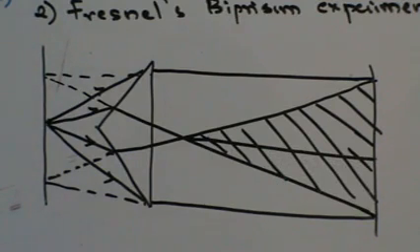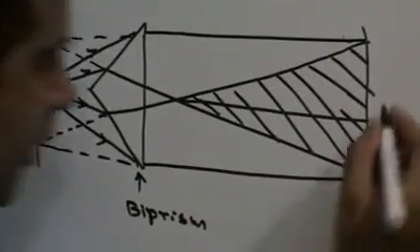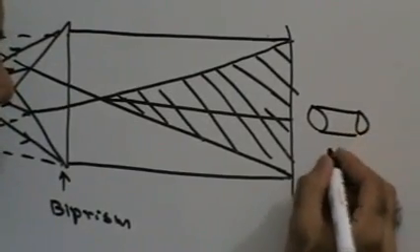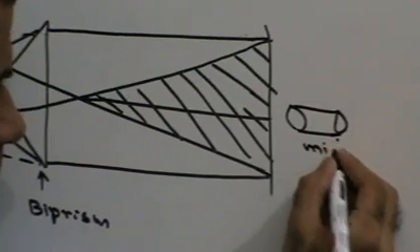So this is your biprism experiment. This is your biprism, and here you are going to have a micrometer screw gauge. This is going to be a micrometer screw gauge.